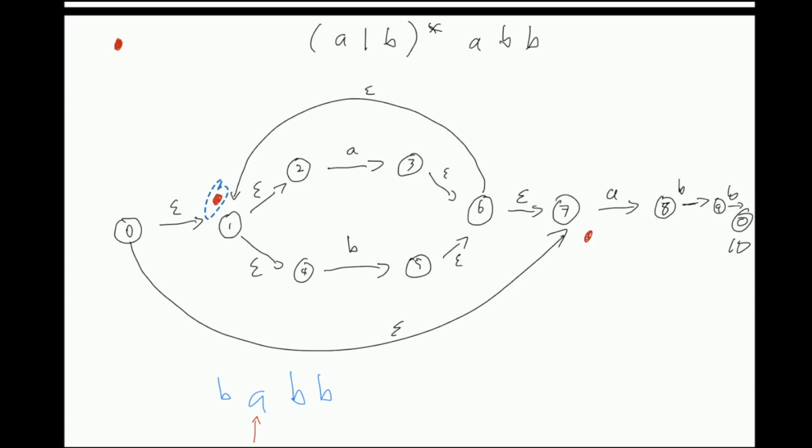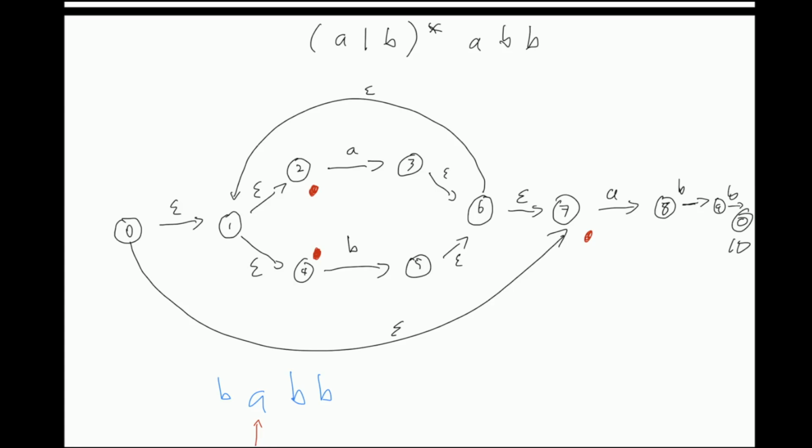And are there any other epsilon transitions from 1? 2 and 4, right? So there are epsilon transitions to 2 and 4. All right, so there are no other epsilon transitions. So we're in these 3 states right now. We're looking at A.